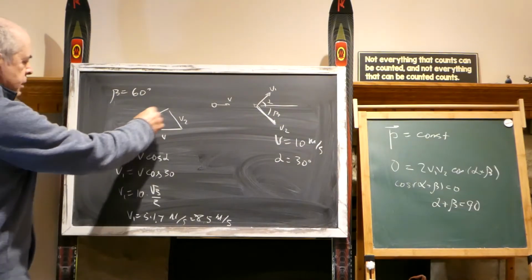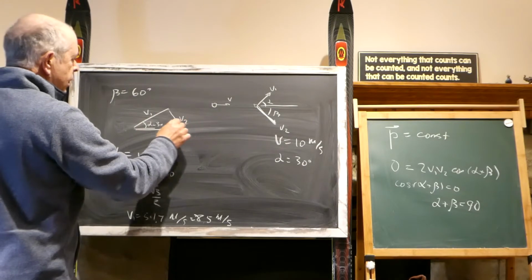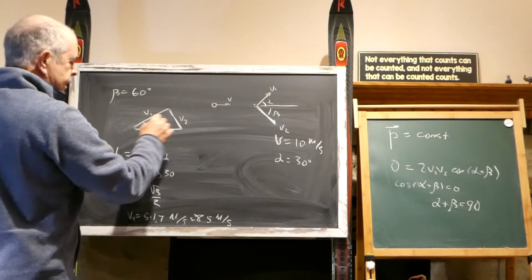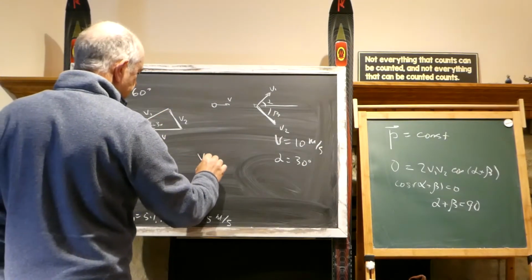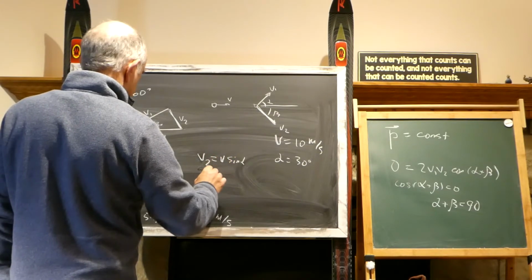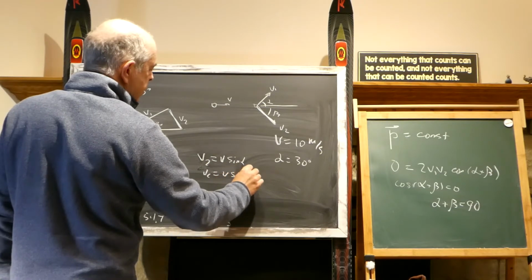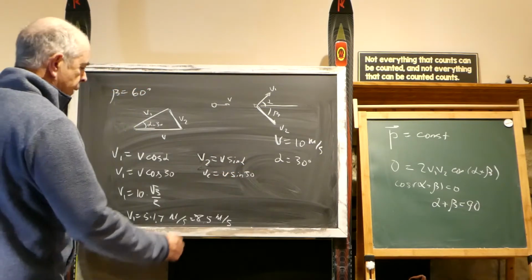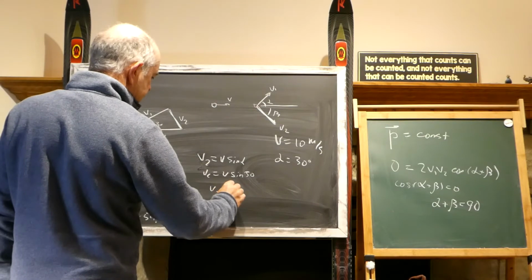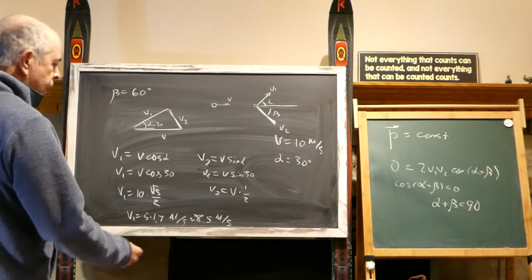Fantastic. What about this? Well, this is again a triangle, this is the opposite side, so we can say that V2 equals V sine alpha. V2 equals V sine 30 degrees. V2 equals V multiplied by 1/2, right?